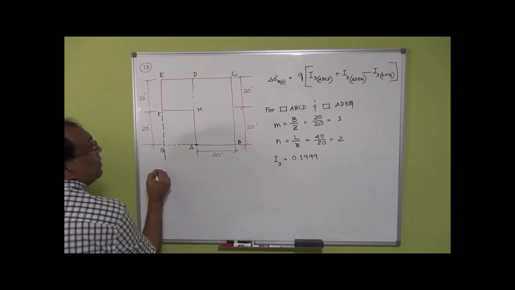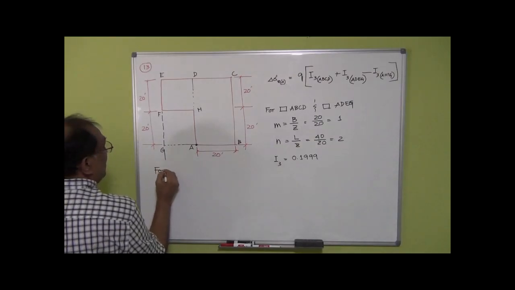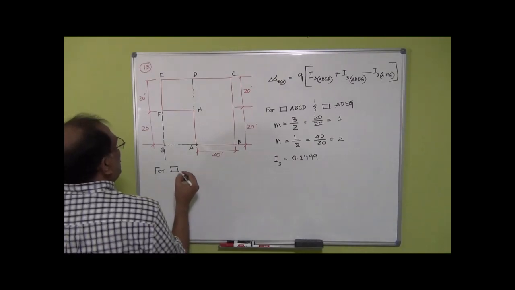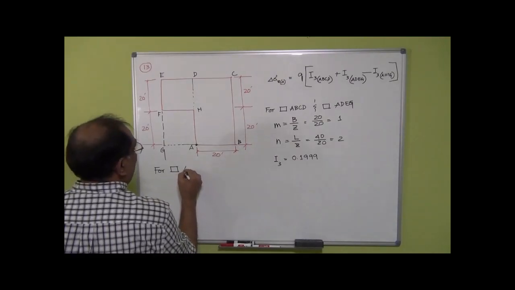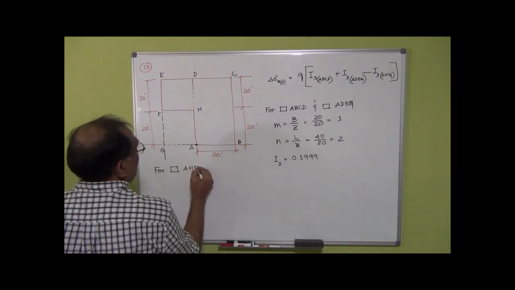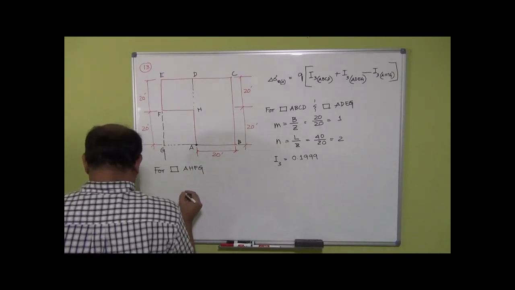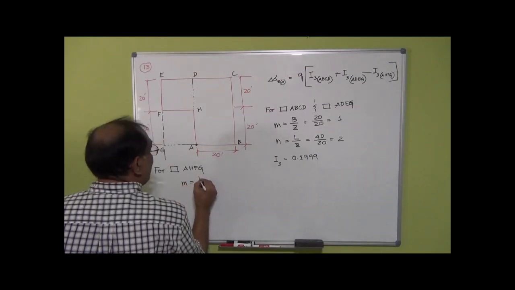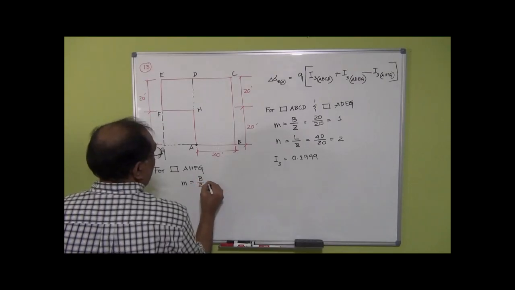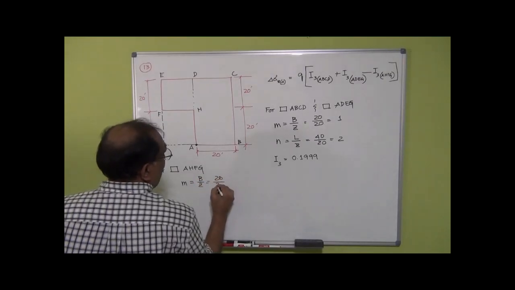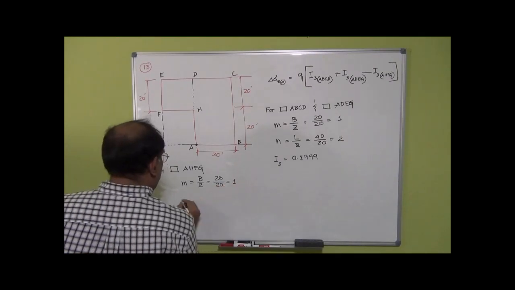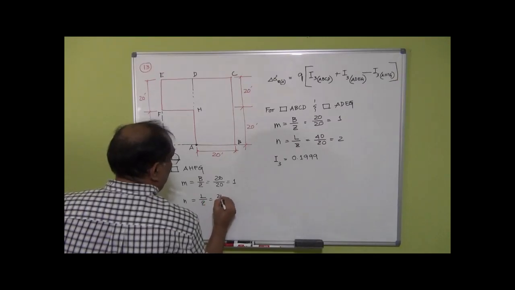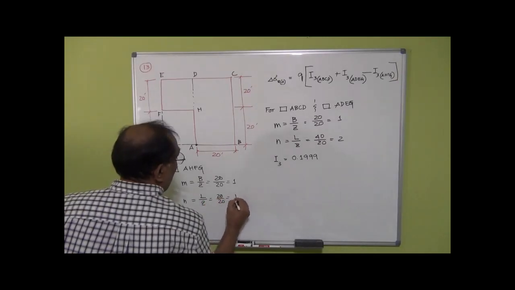Similarly, for rectangle AHFG, you get your M equal to B by Z, 20 by 20 equal to 1, and your N is also L by Z, which is 20 by 20 equal to 1.